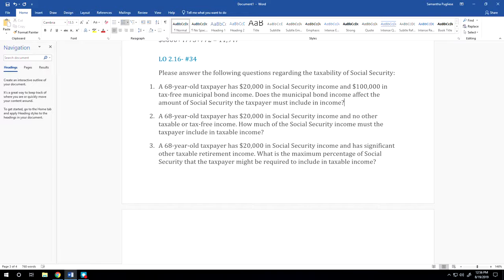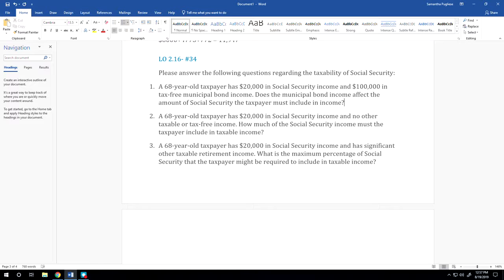The $100,000 does have to be looked at and included in adjusted gross income in that formula that you have to work through to determine the amount of taxable Social Security. So again, that form is in number 33 in your problems, and it's also in your book. So everything's not just a real simple, quick answer. Sometimes you have to fill out the form, but we definitely include the $100,000 in filling out the form.